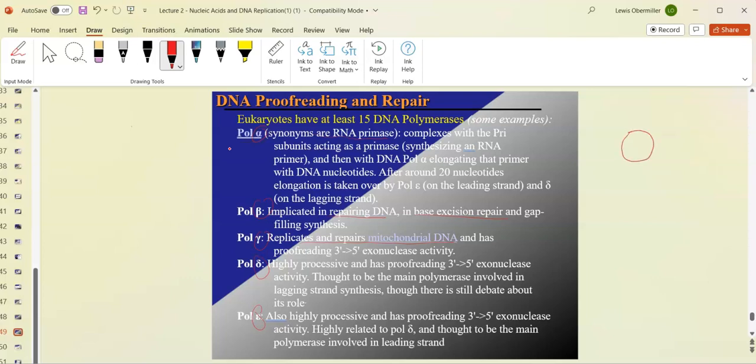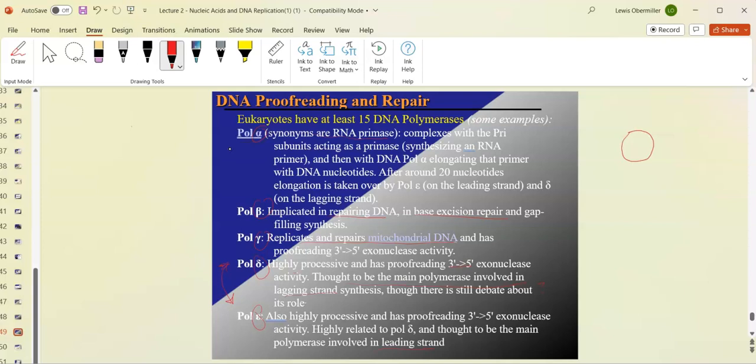And just to remind you, you have mitochondria and they produce ATP in your cells. They also have their own DNA, so that has to be replicated. This has 3 to 5 exonucleolytic activity. It's the main polymerase involved in the lagging strand synthesis, question mark. And then this one is the main polymerase on the leading strand.